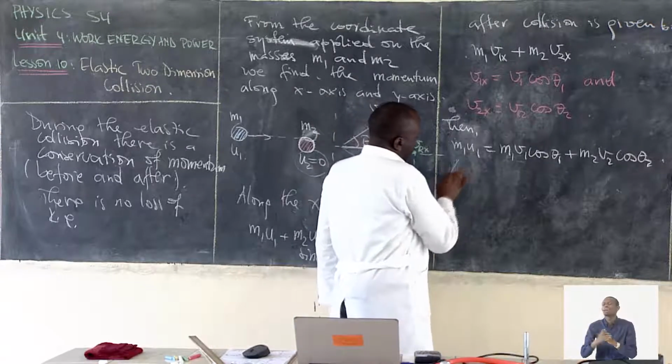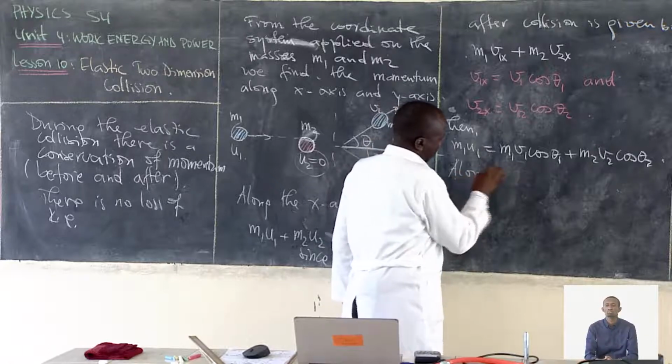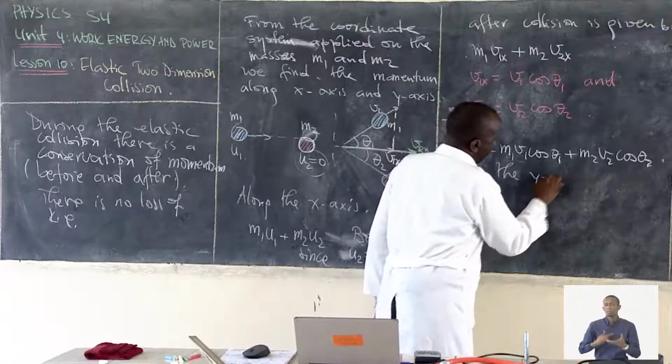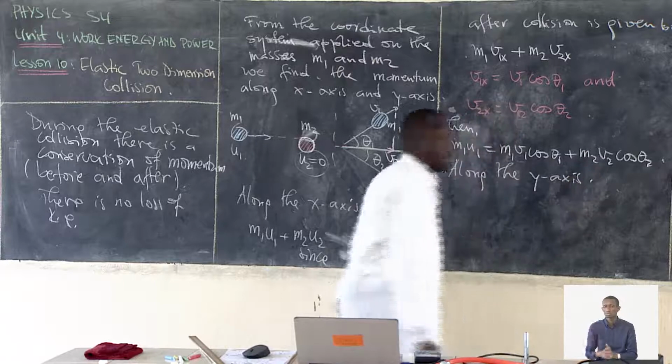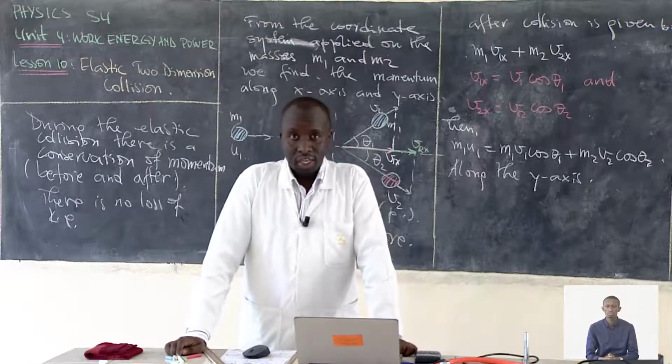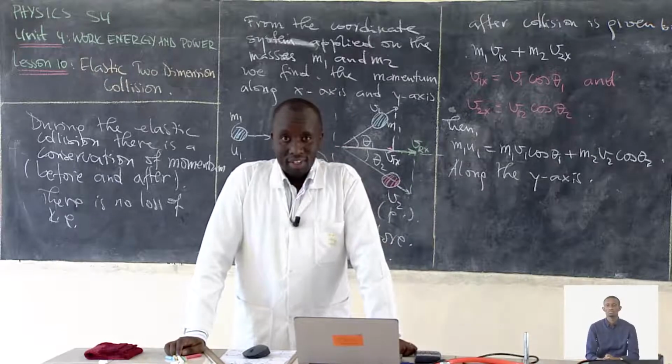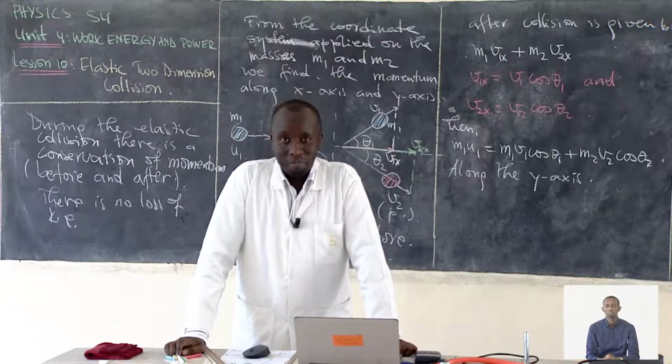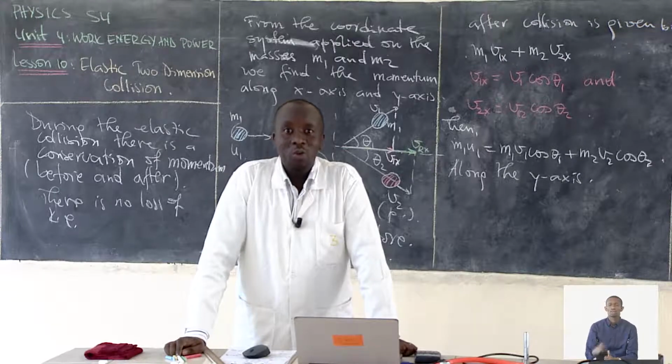We do the same thing along the y-axis. What are we going to find, students? Think about that one, and then tell me. So what do you think? What I'm going to tell you will now be the same as what you think.